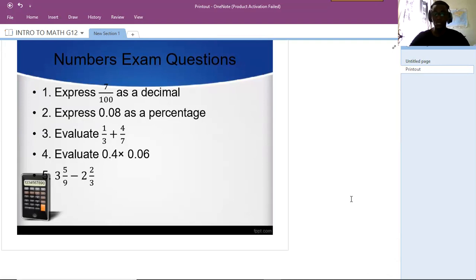These are actual exam questions, and these are the questions that you're not supposed to be failing in the exam, because both in paper 1, probably section A, the first 10 to 15 questions, and in section A of paper 2 mathematics, you're going to find things like fractions, standard form, significant figures, decimals. Those things you're not supposed to fail, not even one question, because that's where your marks come from.